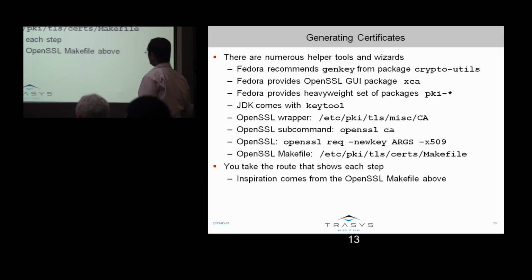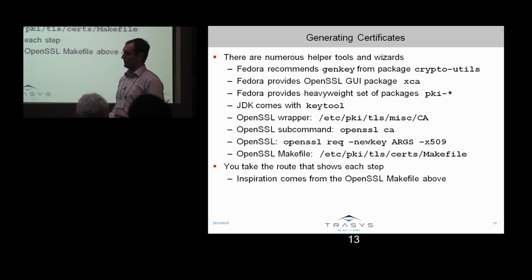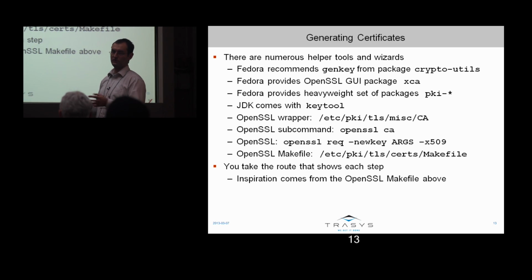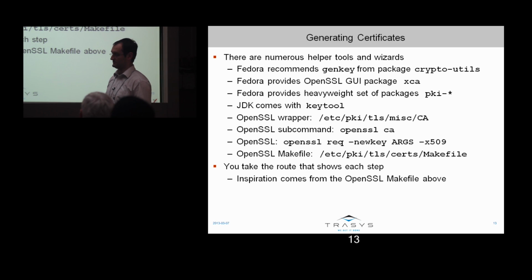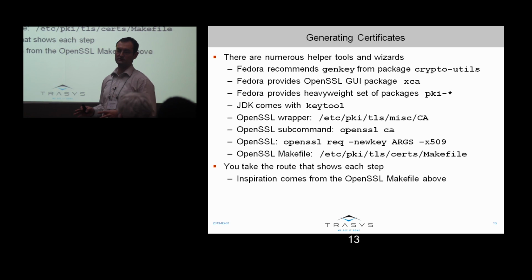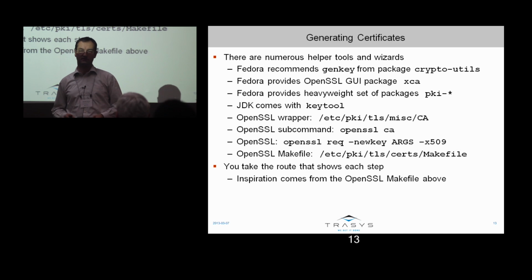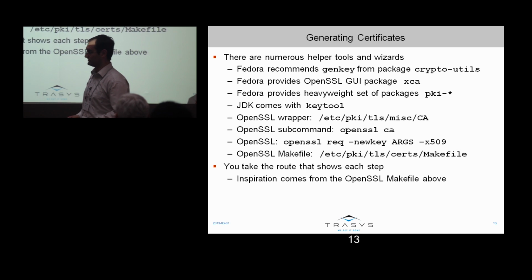You can either install an extra package and use something like GenKey, or you have GUI commands that wrap around OpenSSL, which are available in Fedora, or you can install another set of packages which are probably more expressive, allow you to specify more things, and so on and so on. You can even do it with Java, and even OpenSSL comes with a few possibilities to do it.